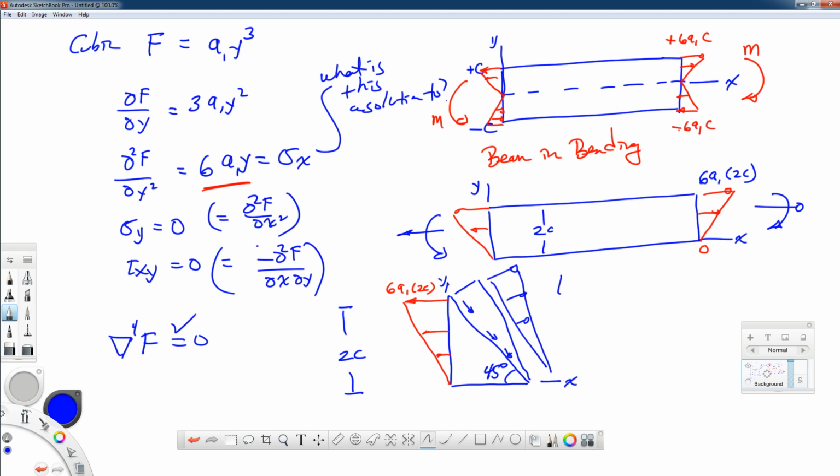The tractions can be found by our friend, the traction equation. T sub i is equal to sigma ij n j.